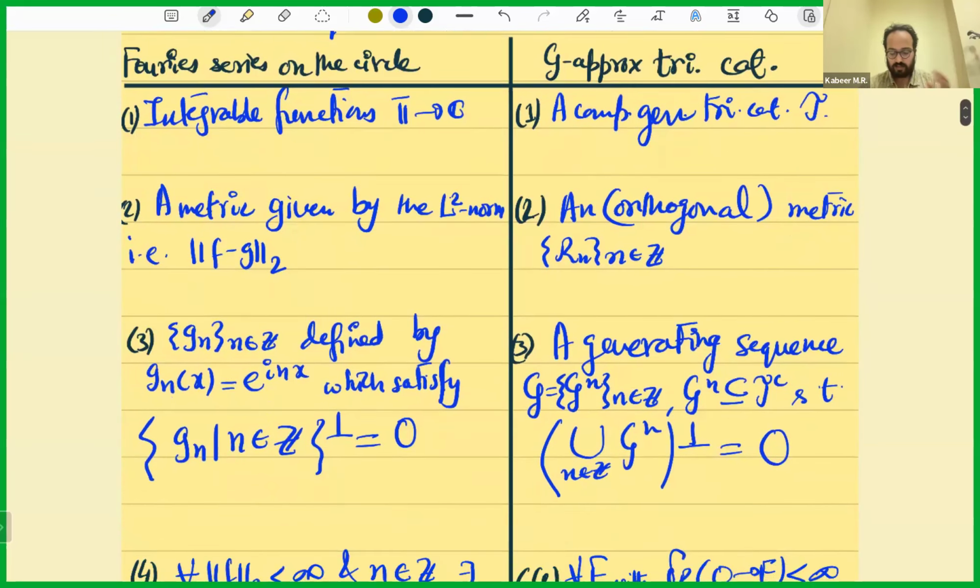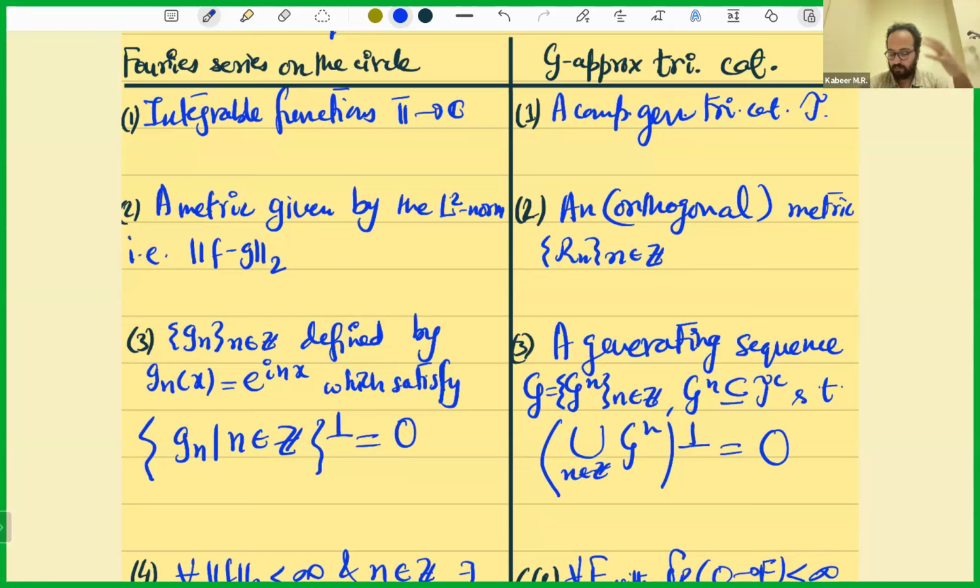Thirdly, there is a distinguished set of objects on the left-hand side, given by the functions e to the power inx, which satisfy this very nice condition: the orthogonal, in the sense of the inner product, of all of these functions is 0. That is, if a function is orthogonal to all of them, then the function must be 0.